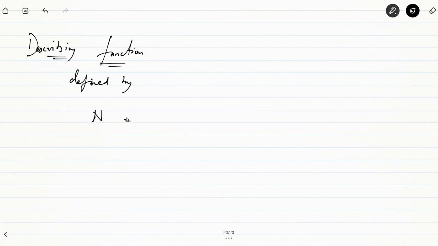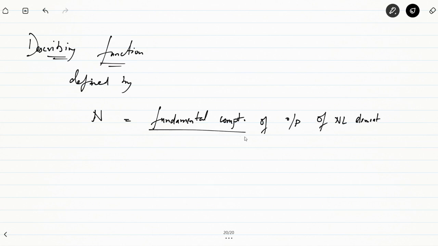So it's a ratio and equal to the fundamental component of the output of the nonlinear element divided by the sinusoidal input to the nonlinear element.